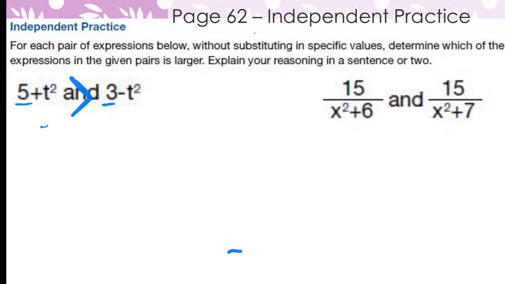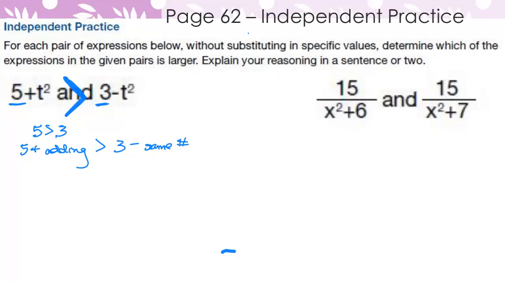So you could say 5 is greater than 3, and then 5 plus adding is going to be greater than 3 minus the same number. Something like that. As long as you understand it. These are your notes, okay? I'm not going to be checking your notes. Any questions on that one?